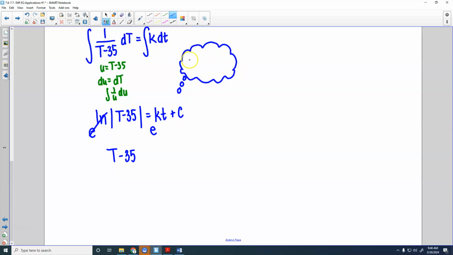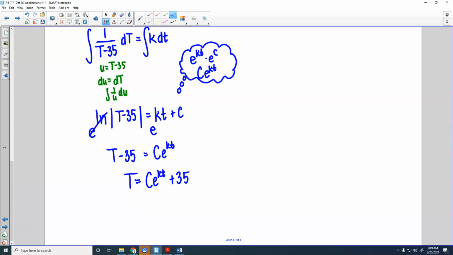This is e to the kt times e to the C, but what can we call e to the C? Just C, so we can write this as capital C e to the kt. And then we just add that 35. So T equals C e to the kt plus 35.